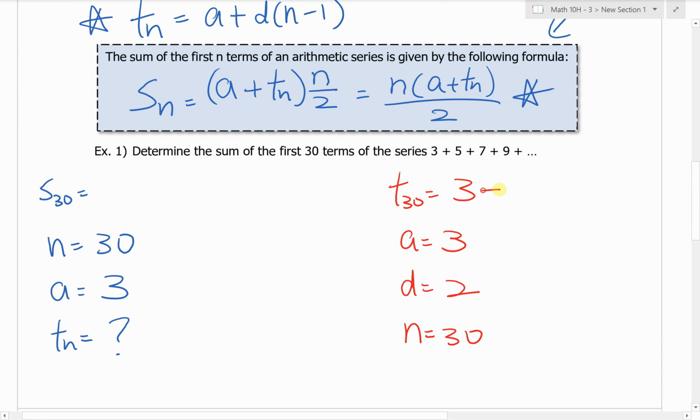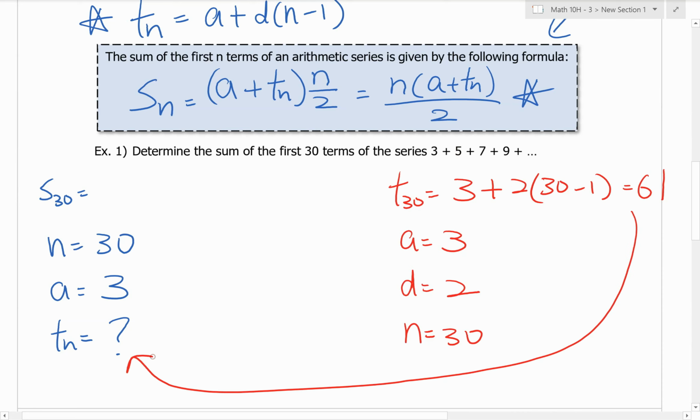T30 is equal to the first term plus the common difference of 2 times (n minus 1). If you put this into a calculator, or use mental math, this is 61. So then we can put this here: tn is simply 61. Now we can find S30.